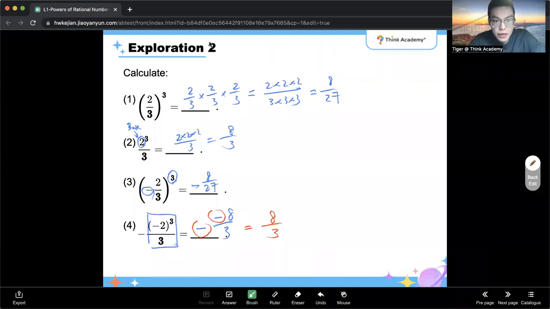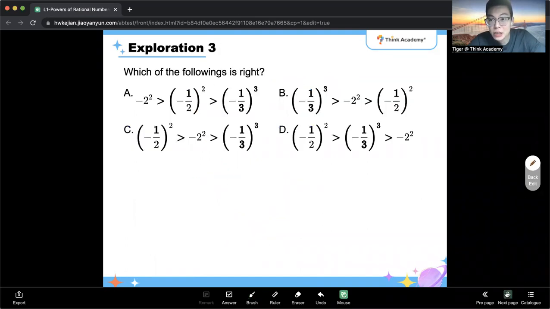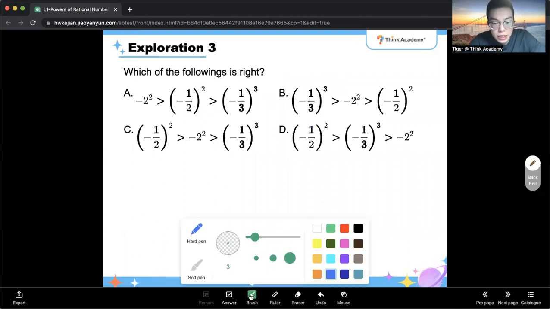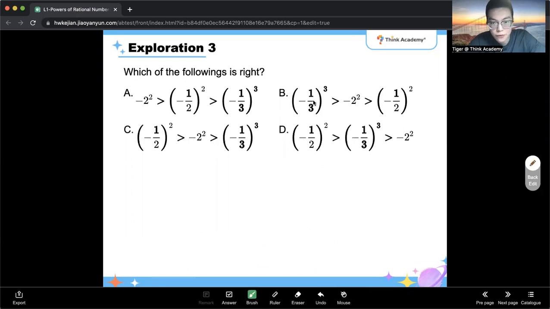So hopefully we're all good so far. Then let's move on to exploration 3. So you can see that in exploration 3, we have a lot of inequations right here, or some comparing powers question. So we're just trying to compare all these powers.